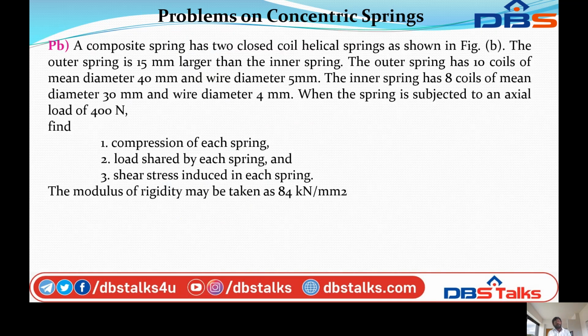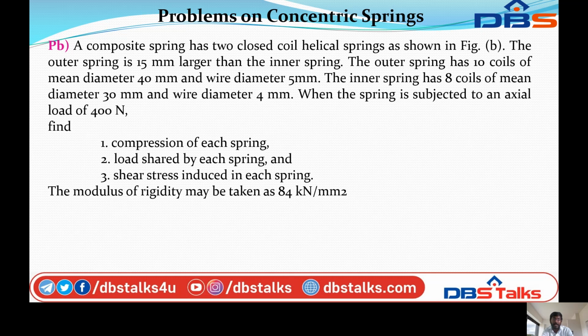So next problem on composite springs, this is the second problem. A composite spring has two closed coil helical springs as shown in figure B. In the last problem we saw figure A, and in this problem we can see the helical spring as shown in figure B. The outer spring is 15 mm longer than the inner spring. The outer spring has 10 coils of mean diameter 40 mm and wire diameter 5 mm.